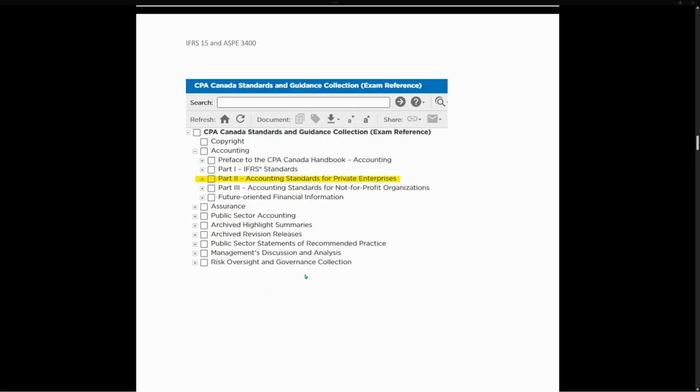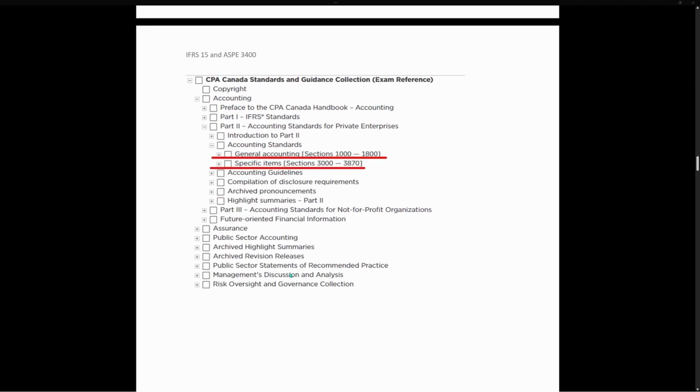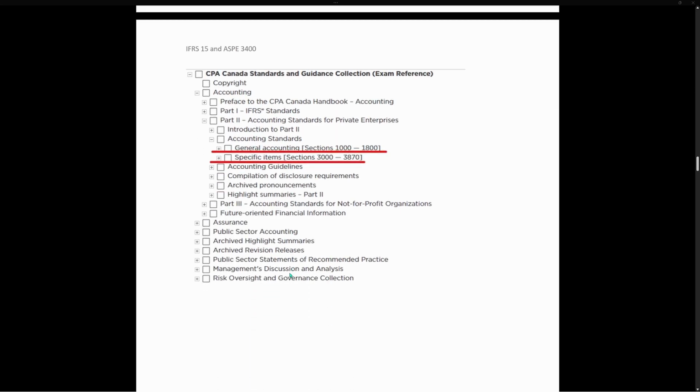When you click on part 2, the ASPE section, under accounting standards you will see that there are 2 topics here: general accounting, sections 1000 to 1800, and specific items, sections 3000 to 3870.